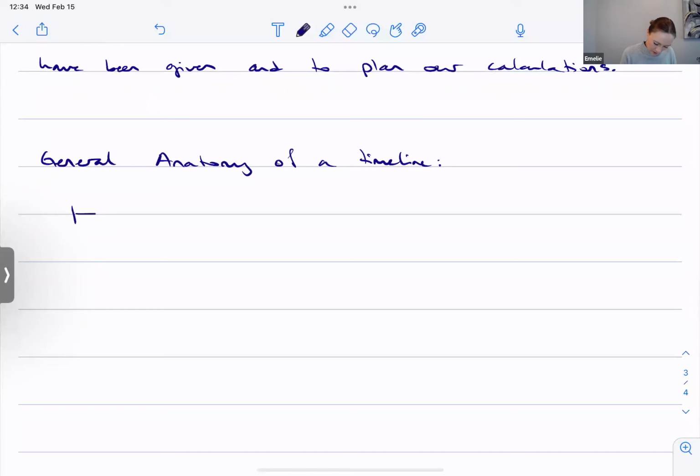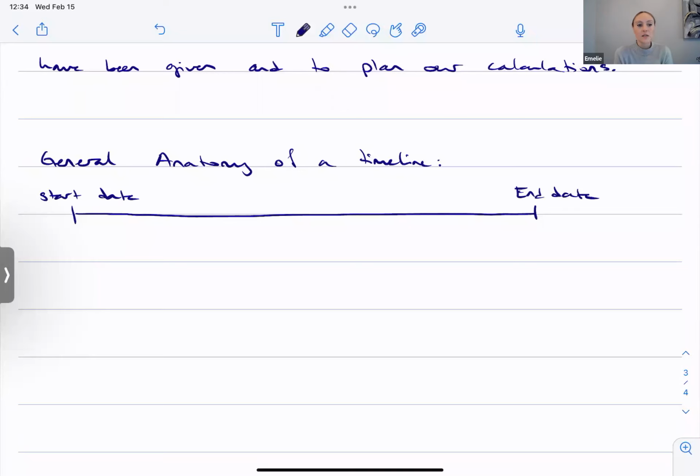You start with your timeline. You have a start and an end point. So here we have a start date, and here we have an end date.